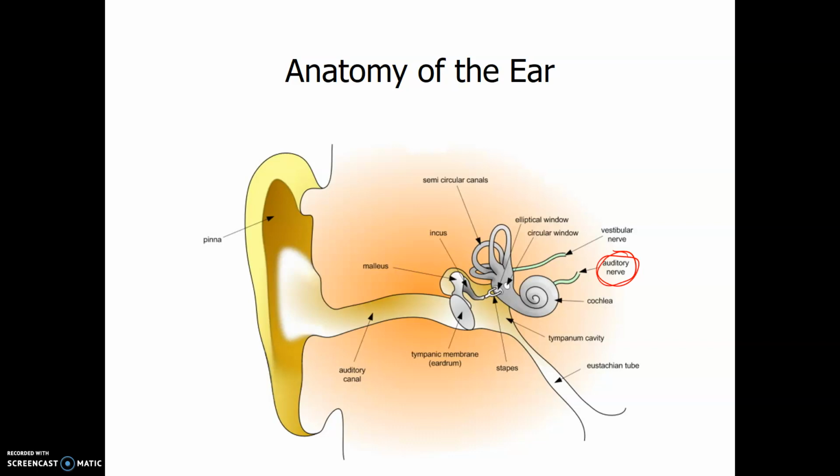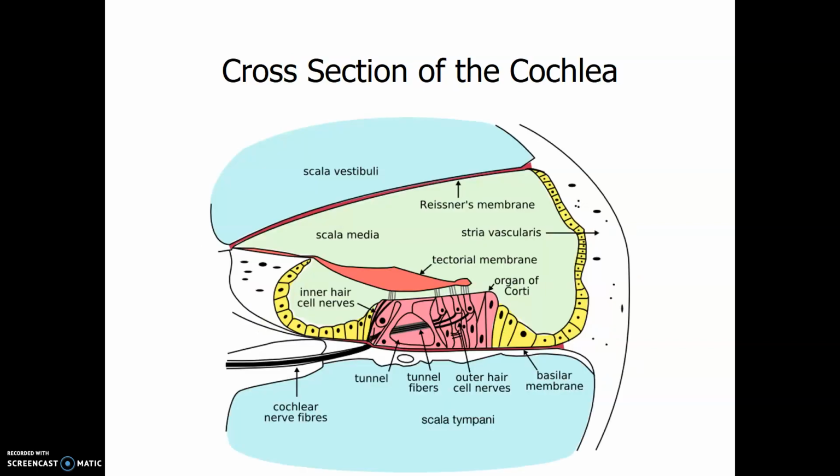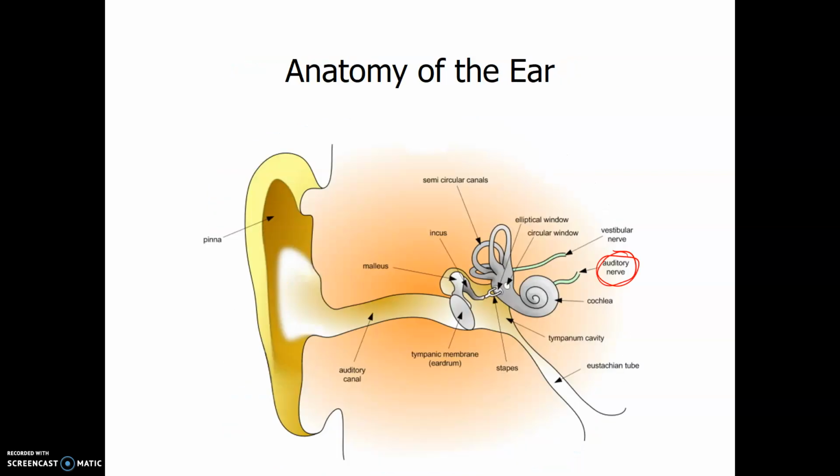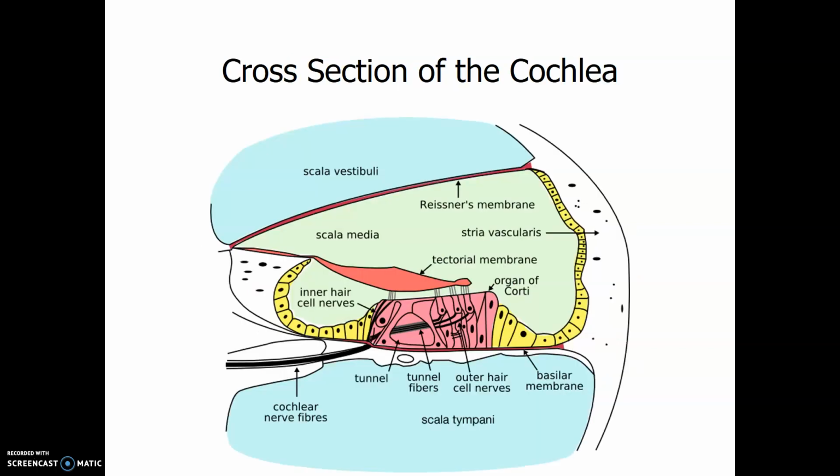I'm looking here to see if there's anything more to say. This makes it a whole lot easier to see what happens on the inside. You can see the cochlea here, and the region where the stapes presses against the opening of the cochlea and moves that fluid.